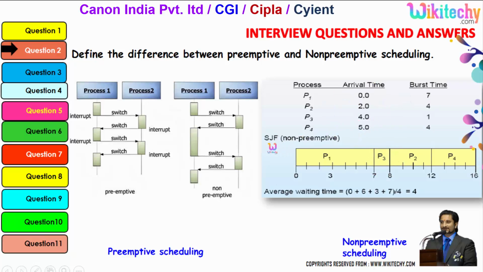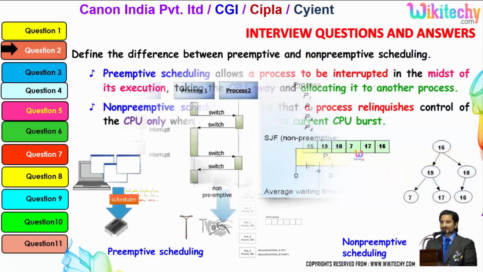Since it's shortest job first, P2, P3 and P4 are there. Which one is the shortest job? The one that is shortest among those waiting. So P3 will be executed, and afterwards P2 and P4 are both the same, but P2 came first. So P2 is executed and then P4 is executed. This is how non-preemptive scheduling works.